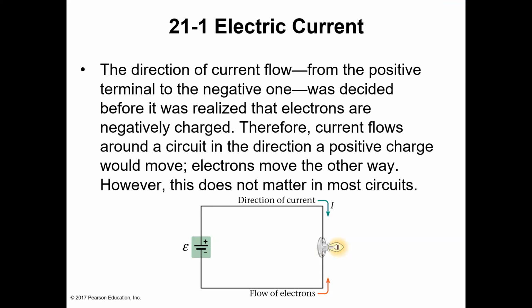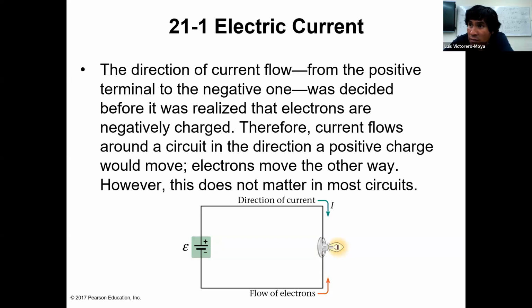However, after understanding the composition of the atom, more specifically the nucleus, and realizing that protons are heavier than electrons, and as I explained the first day of class, you actually have transfer of electrons, right? Then we realize that current is due to the flow of electrons.